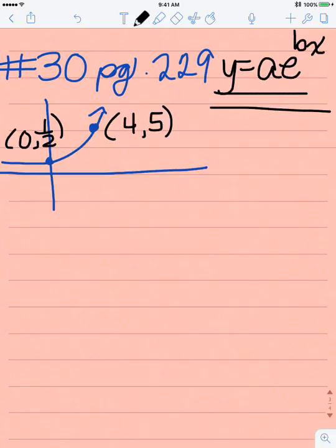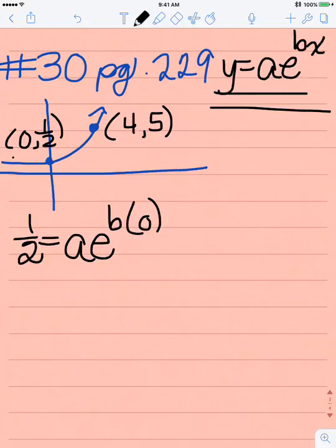Let's see what we have here. We know that when x is 0, y is 1/2. Well, when x is 0, that's actually helpful. So watch. 1/2 for y equals a times e raised to the power b times 0. Look at what that 0 does.